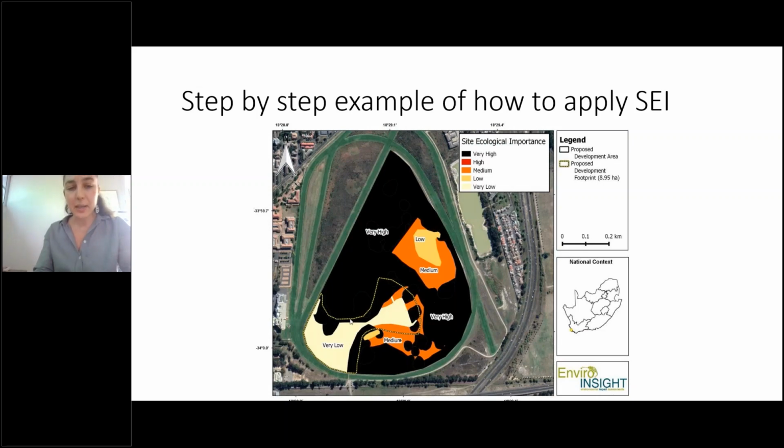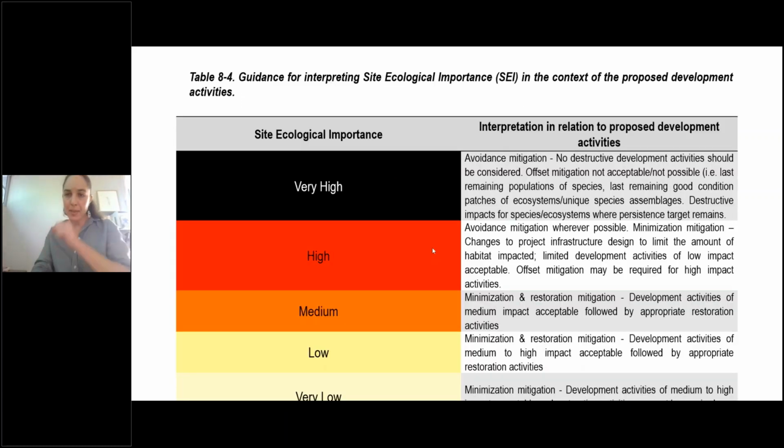So you can see, once you've done that for the project area of influence and you go back to your development footprint, it's very clear that the development footprint is going to have areas which have very high site ecological importance, and so that obviously needs to be taken into account in the way that you apply the mitigation hierarchy.